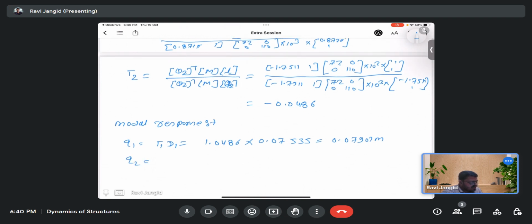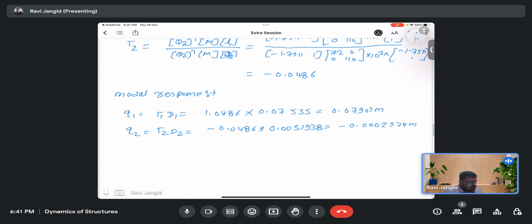Similarly, Q2 is gamma 2 times D2, minus 0.0486 multiplied with 0.0051938, so it will be very small. You can ignore it if you want, but here we are considering it in meter.